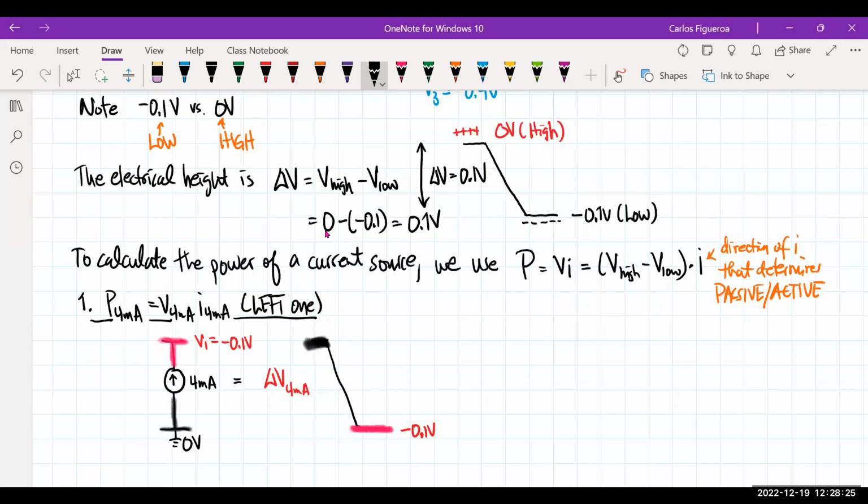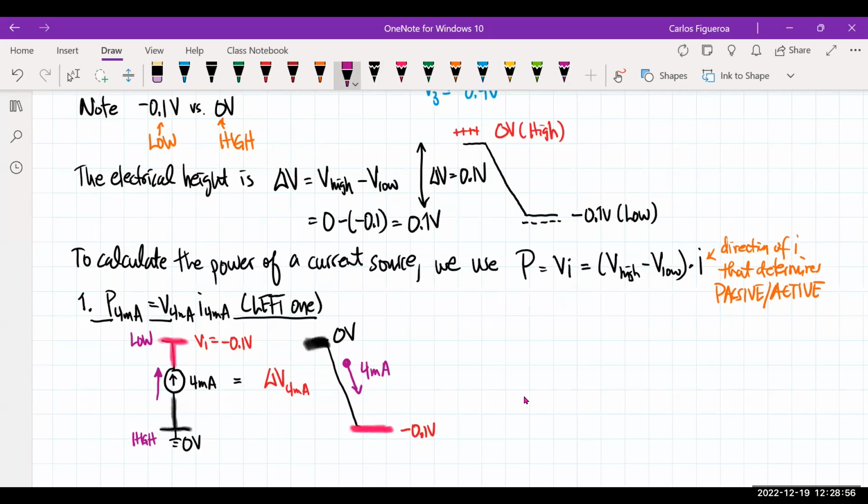So look at the direction of the current. This current is doing what here? You're seeing that the current is going from the high to the low. So if I look at my source here, this is 0 volts. So you could see that the current is coming down in this direction, and that's my 4 milliamps going like that.